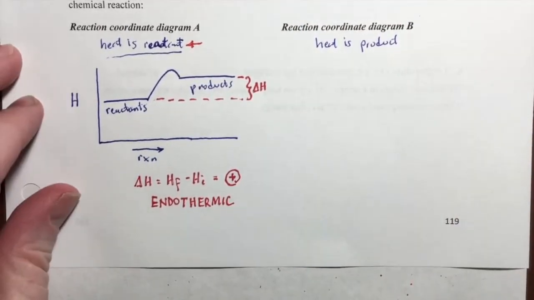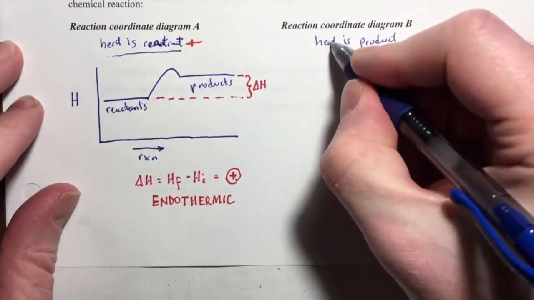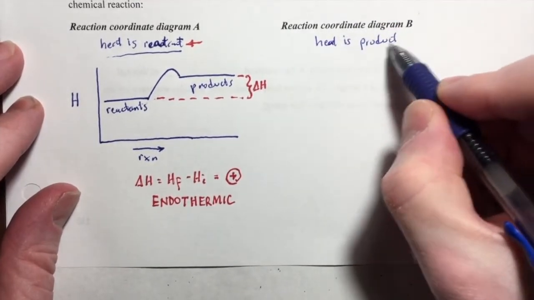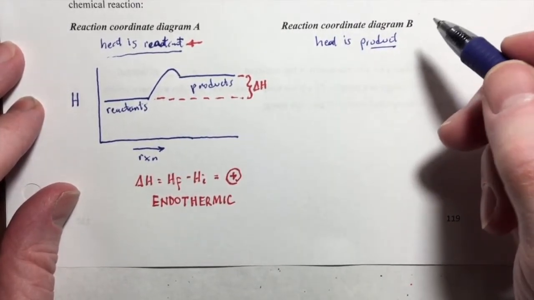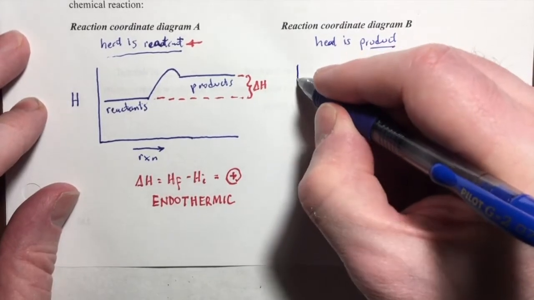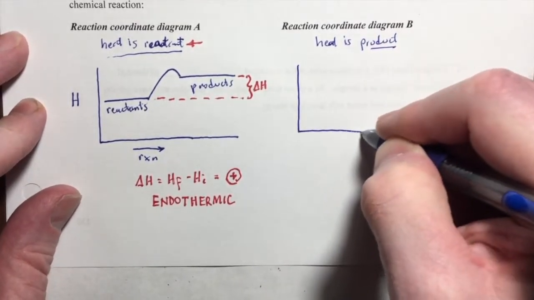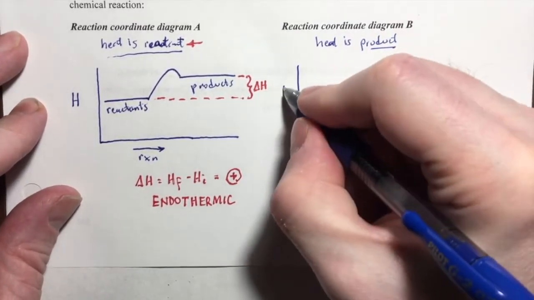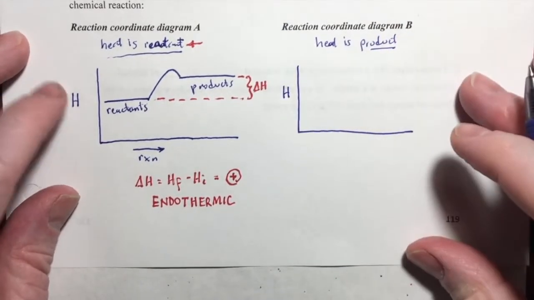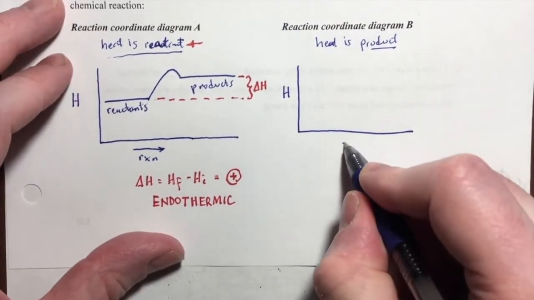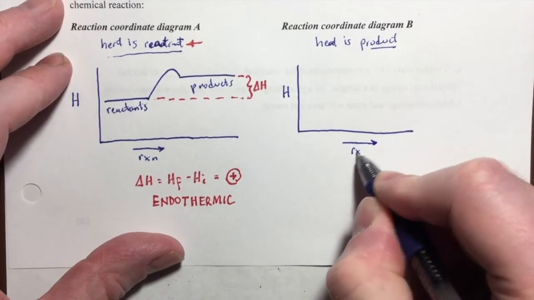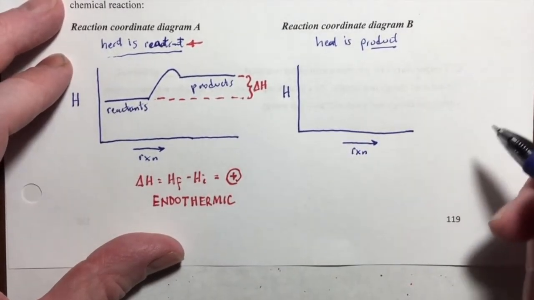Now let's contrast that with the other situation where heat is a product of the system. Well, let's draw our reaction coordinate diagram again. We've got enthalpy on the y-axis, and we're going to track the reaction as it progresses.